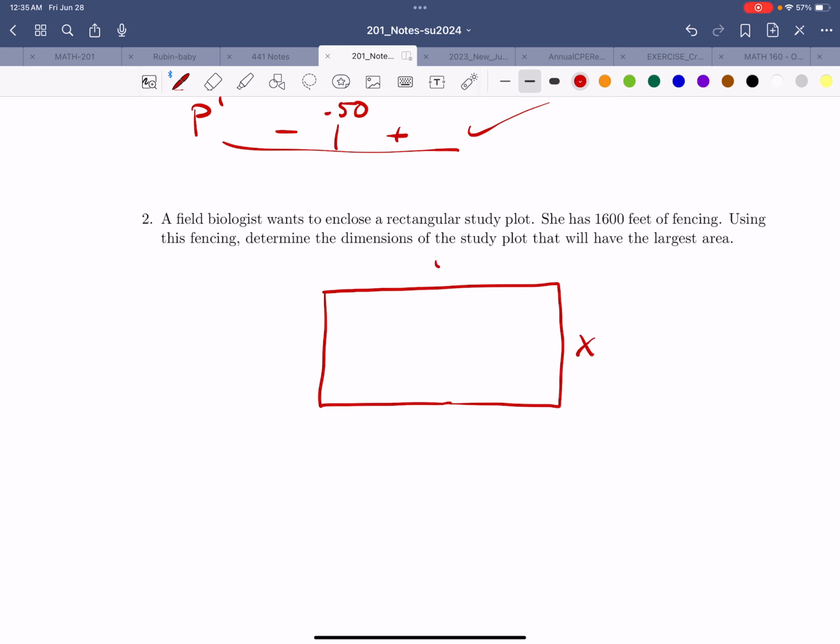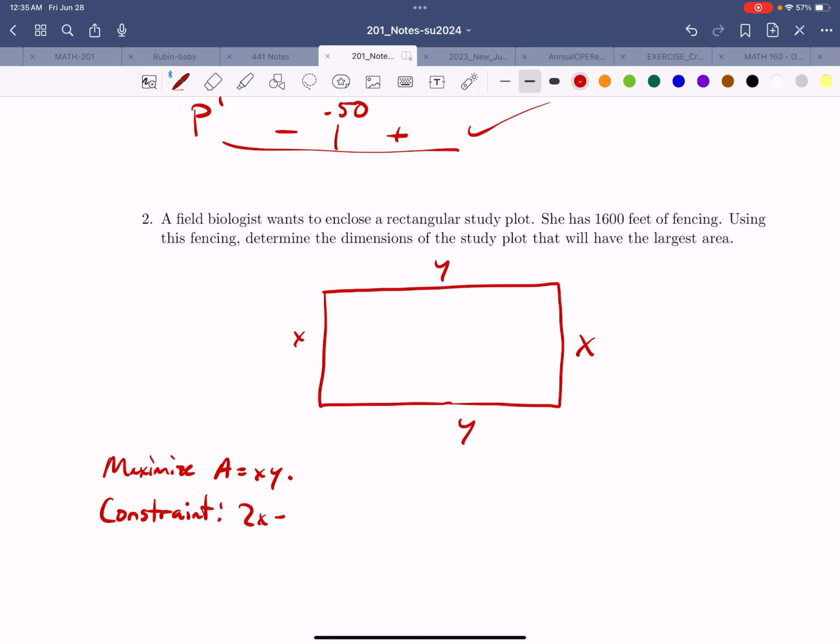All right, okay. I guess we've got x here, y here. So we want to maximize our area, which is A equals x times y. Our constraint is that the perimeter has to be 1,600 feet.